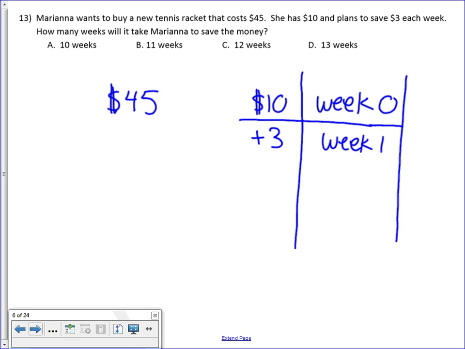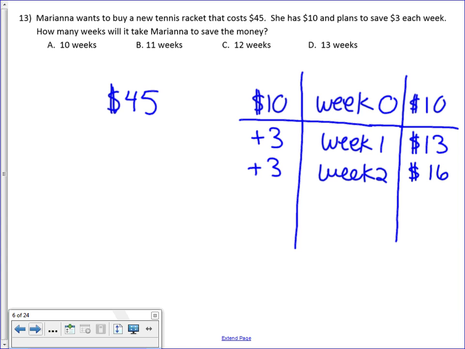I should make another column here. So I have $10 in week 0 to start with. In week 1, I now have $13 because I have 10 plus 3, which is 13. In week 2, I'm going to add another $3. That's going to give me $16. And I can keep doing this until I get up to the $45.